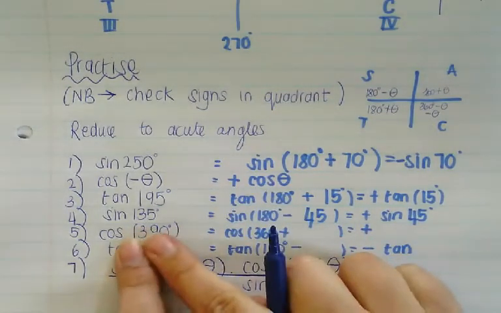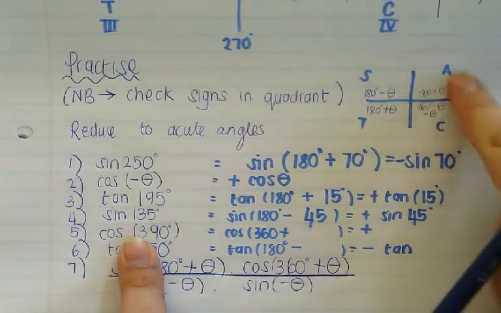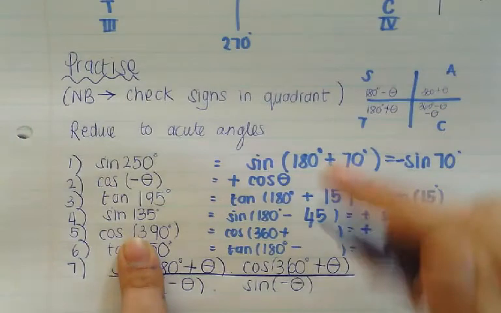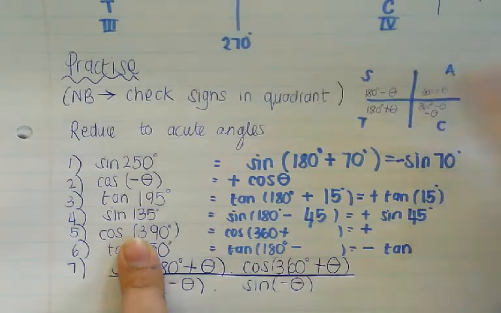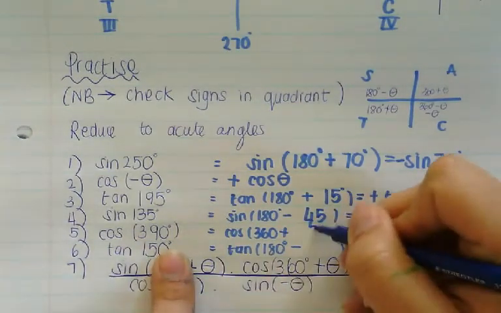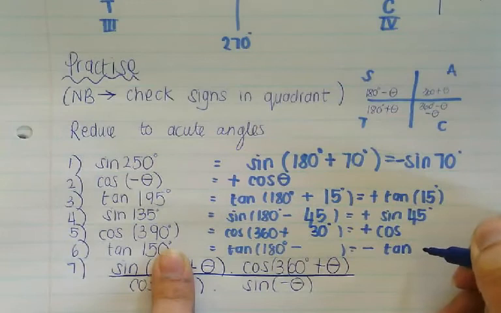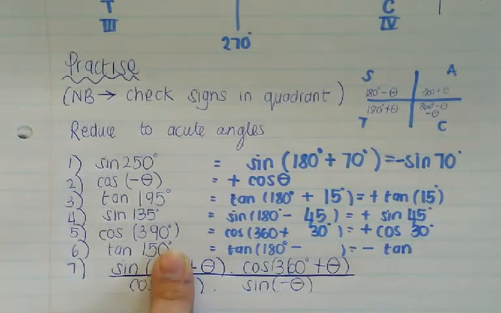Next one, cos 390. 390 would be back in my first quadrant, so that is 360 plus theta as the reduction. Cos is positive in that quadrant, and I'm adding 30 degrees to get 390. Therefore, my reduction is positive cos 30 degrees.